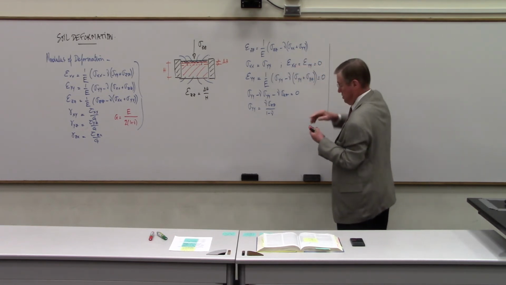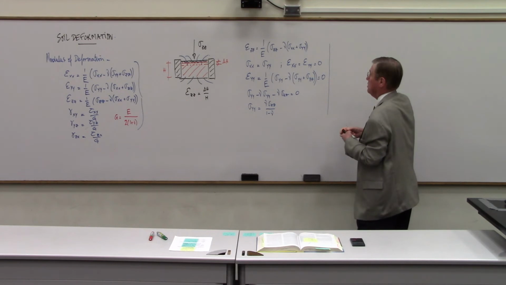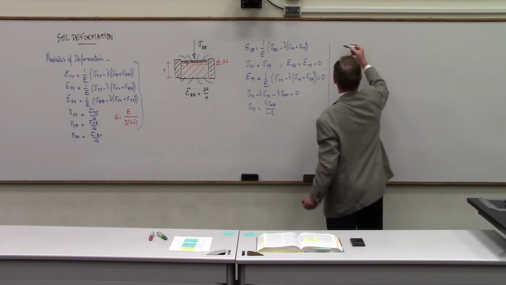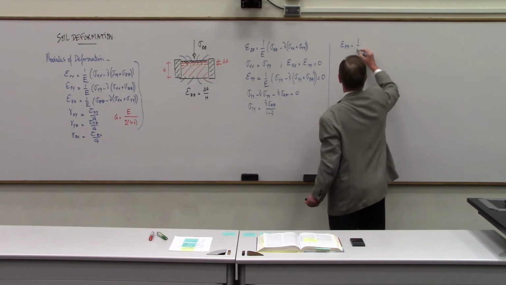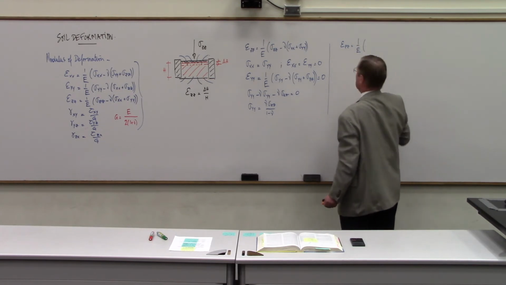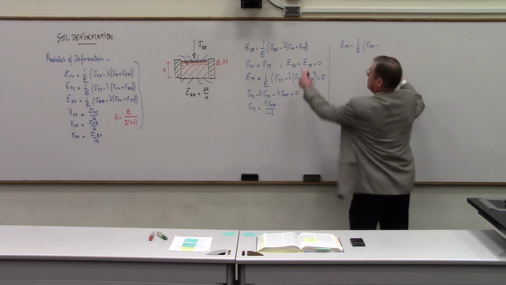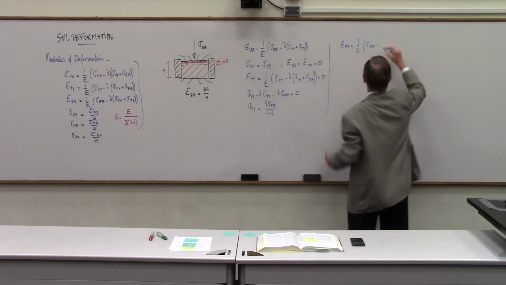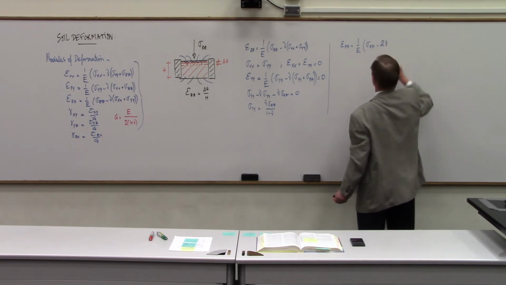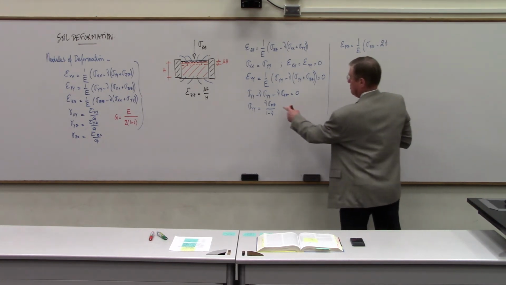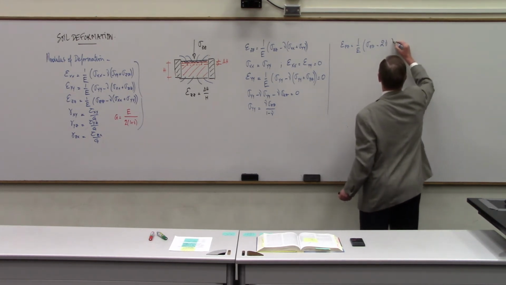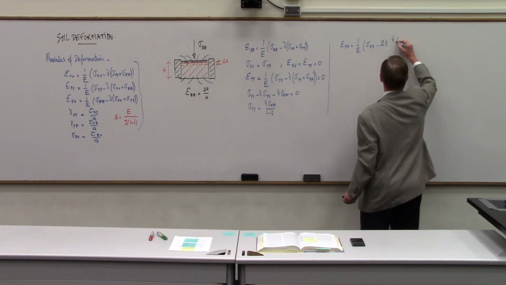Now I go back and write that epsilon ZZ is equal to 1 over E times sigma ZZ minus nu, and I'll have 2 of those because they're the same, 2 nu sigma YY, which is nu sigma ZZ over 1 minus nu.